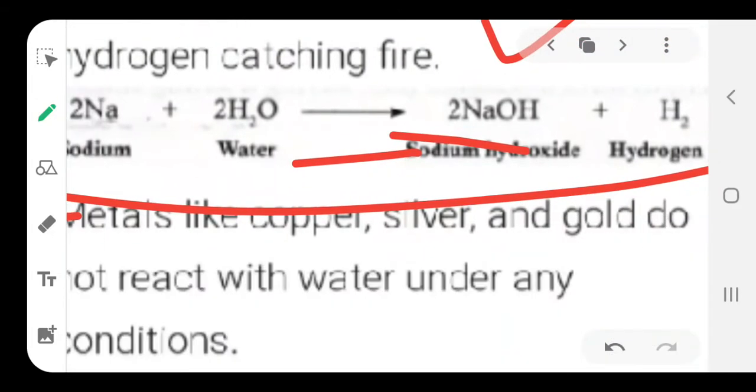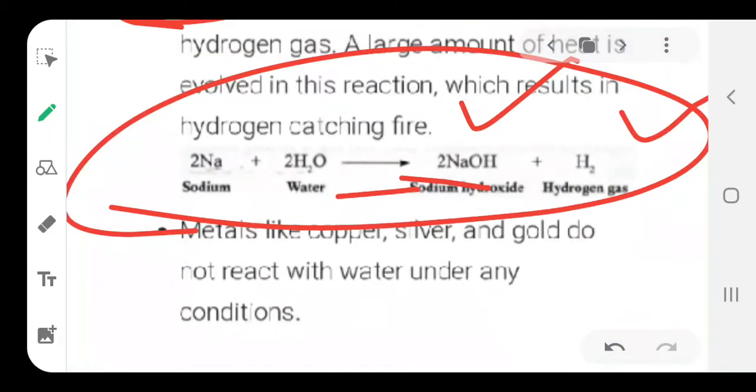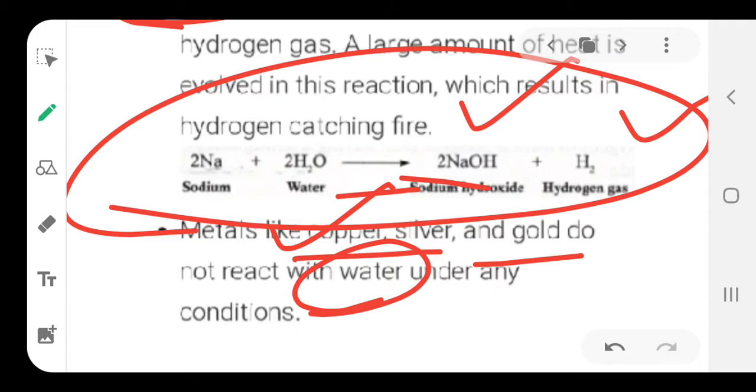While the metals which are low in the reactivity series, such as copper, silver and gold, do not react with water at all under any conditions. Write them down again: copper, silver and gold.